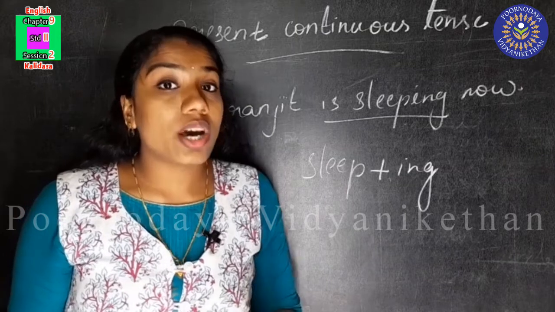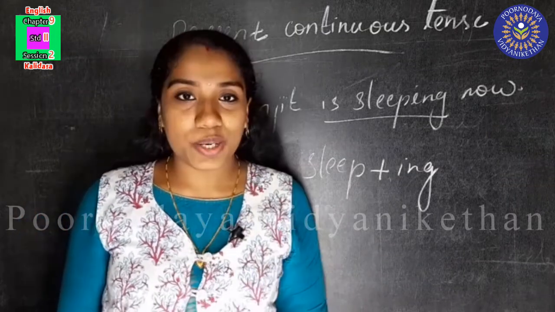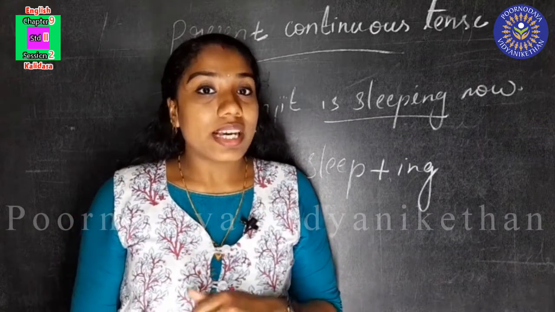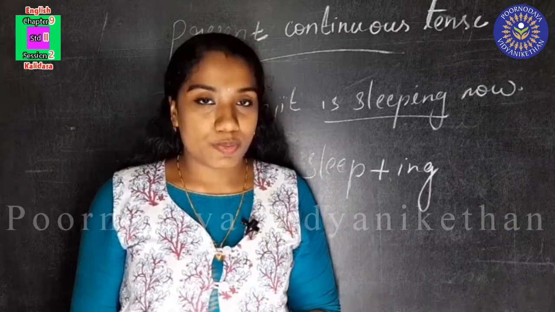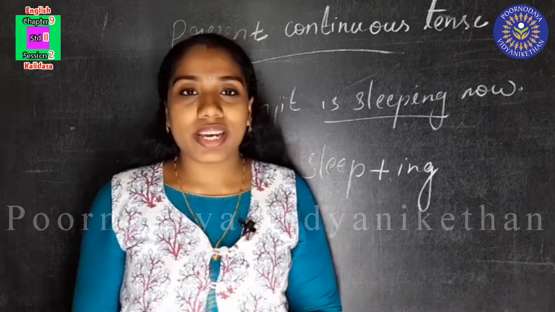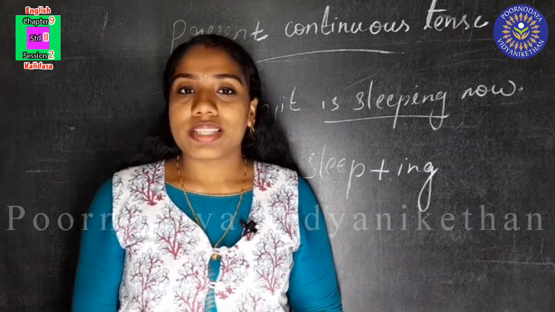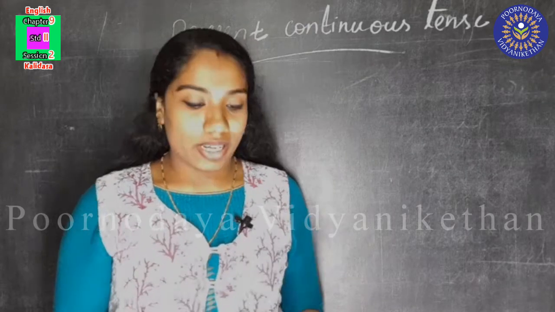At the moment of speaking, he is sleeping. I am talking to you. That means it is a continuing action. At the moment of speaking, I am talking to you. Did you understand, children? Now, we'll see some more examples. Now, look here, children.